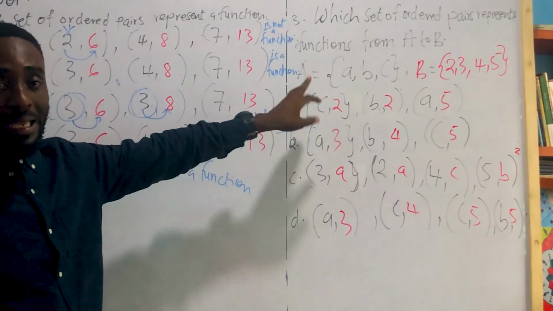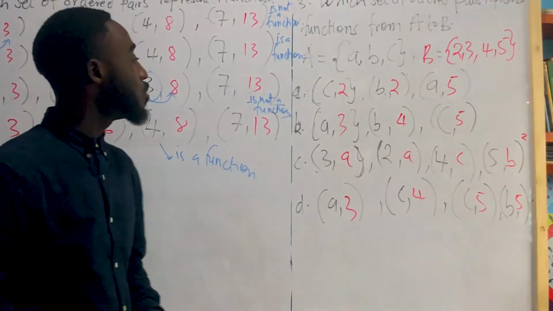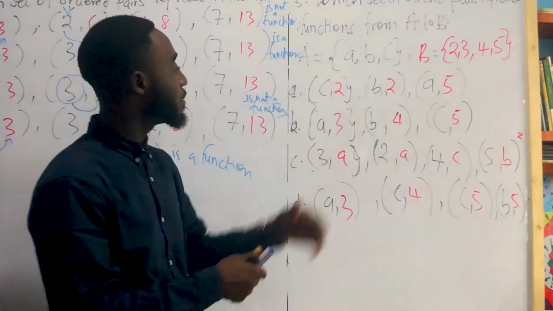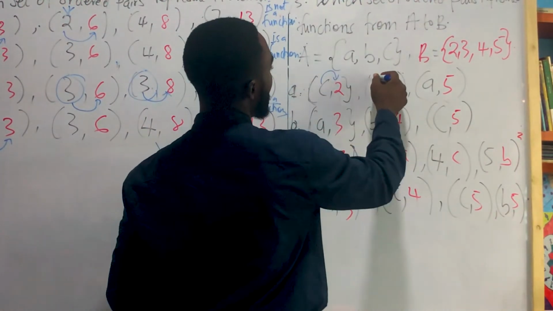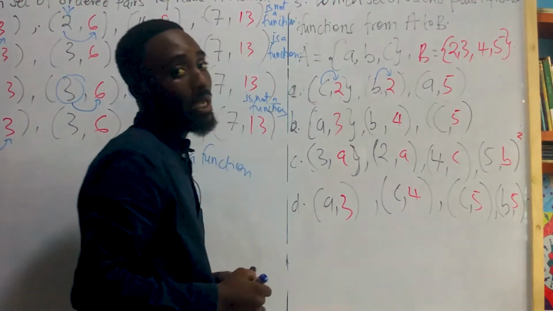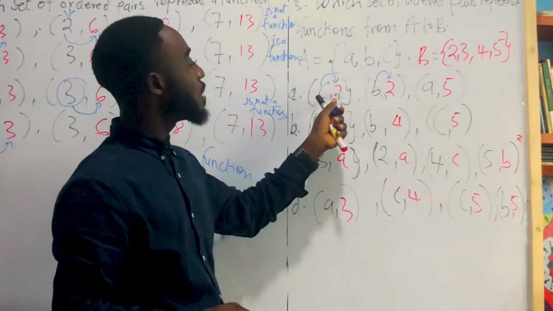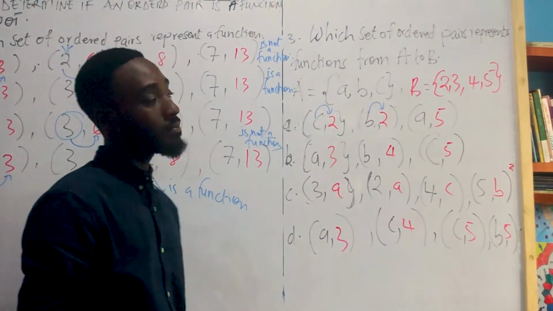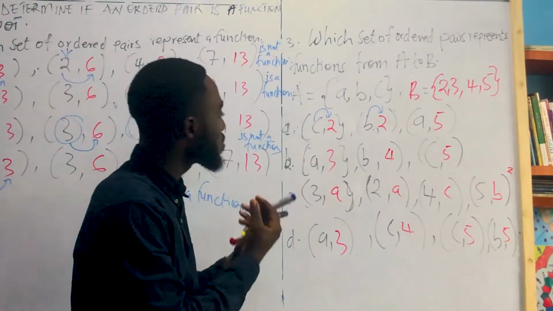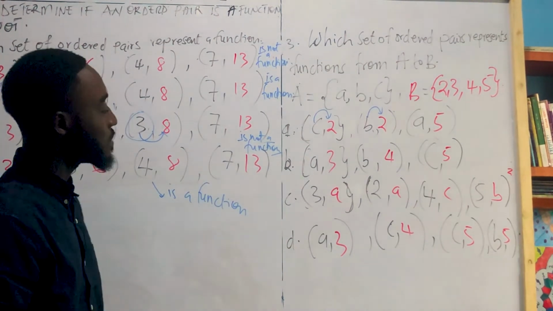Each member in the domain has only one output. Even though 2 is connected to both c and b, it is still a function, since c has 2 to itself and b also has 2 to itself.